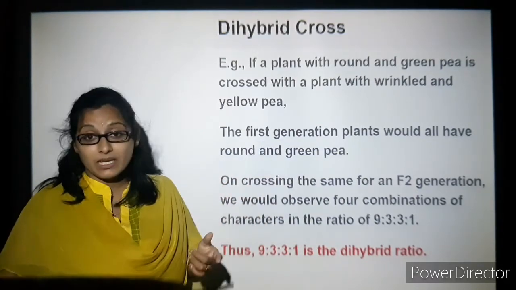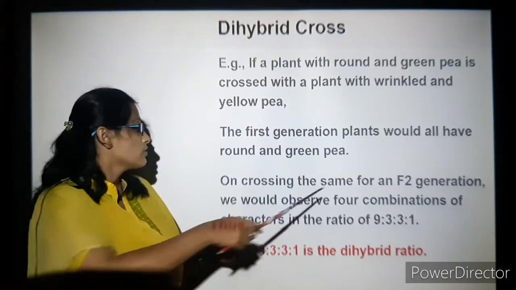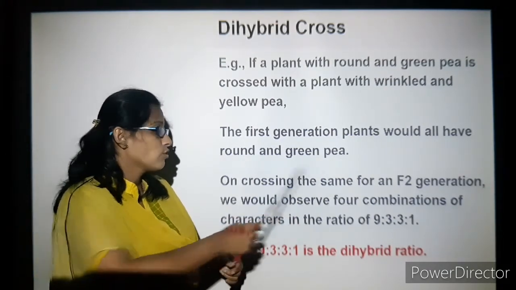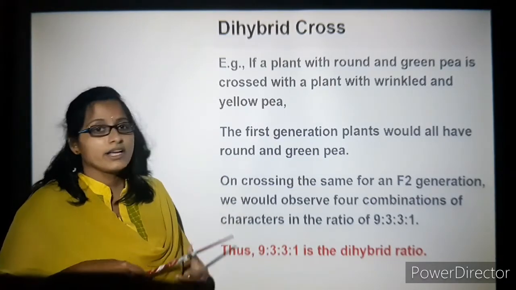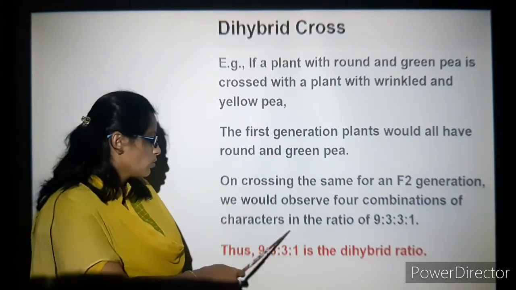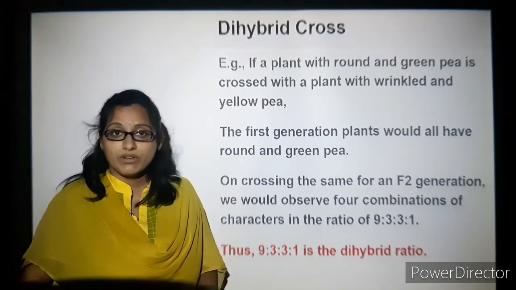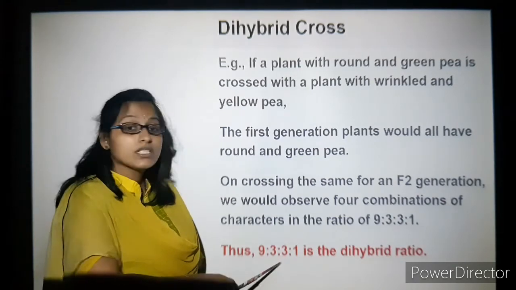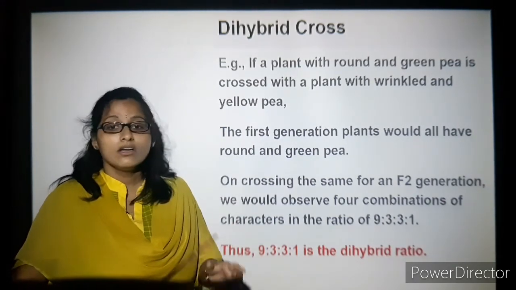On crossing the same, we have crossed it again, that is self-pollination. In the F2 generation we will find 4 combinations, that is 9:3:3:1, as I have explained before. However the question is given about dihybrid ratio, the ratio is 9:3:3:1 only. There is no change in the ratio.